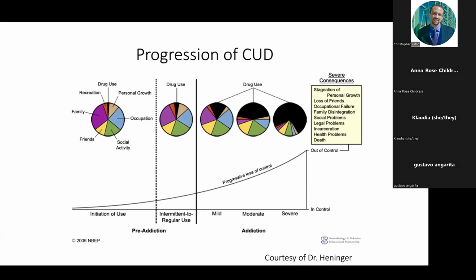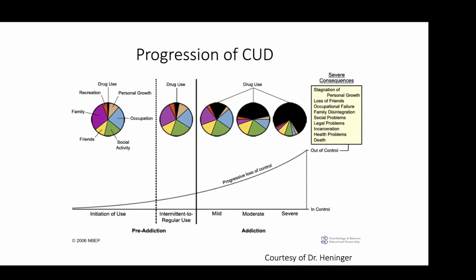But as they go from initial use to intermittent use and then frequent regular use, we see how the drug use impinges on all the other categories of the person's life, leading to multiple biopsychosocial problems at the medical level, cardiovascular problems, strokes, or psychiatric difficulties, mania, psychosis, housing insecurity, and legal problems.